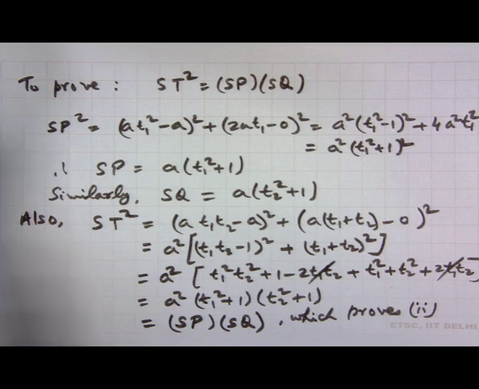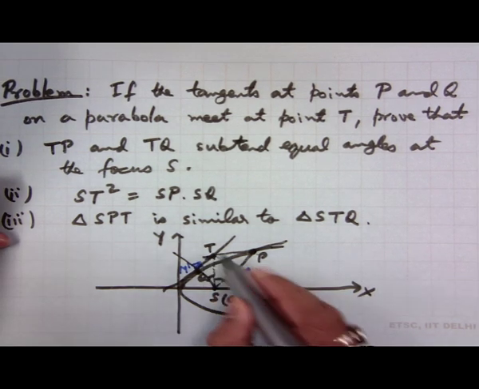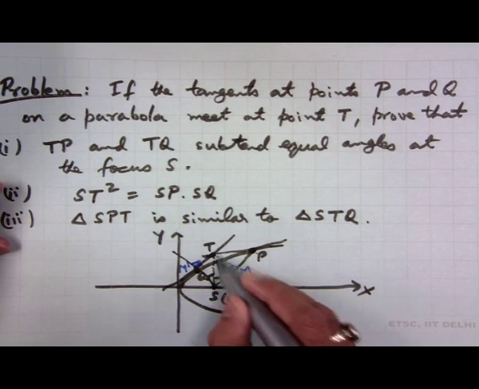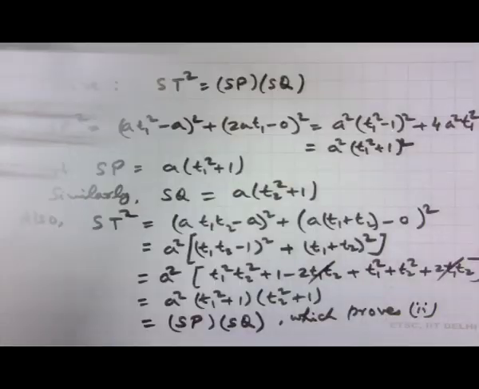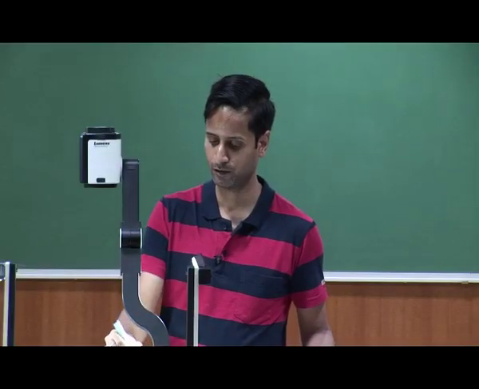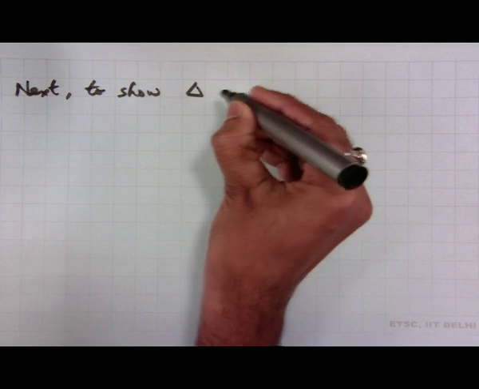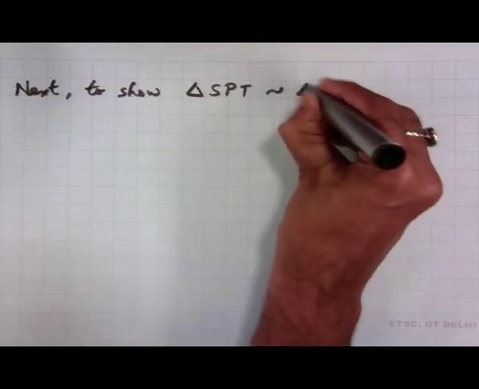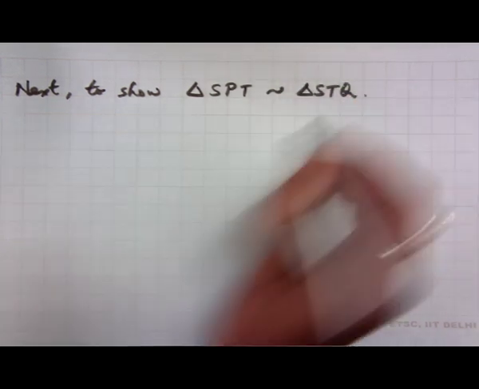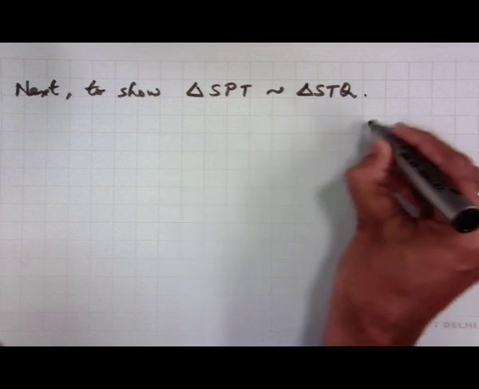The third part was to show that triangle SPT is similar to triangle STQ. Next, to show triangle SPT is similar to triangle STQ, I will draw this again.